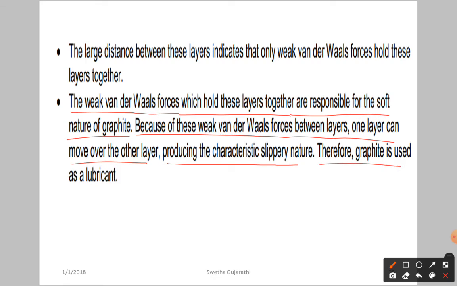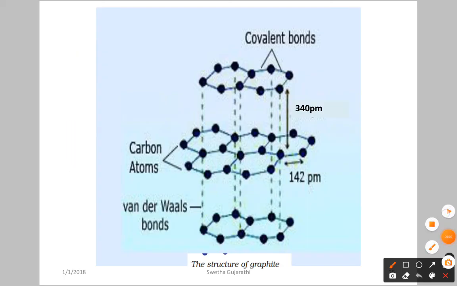Therefore, graphite is used as a lubricant. Lubricant means it should have a slippery nature. Because of weak van der Waals forces, one layer can slip over another, and for that reason we use it as a lubricant.